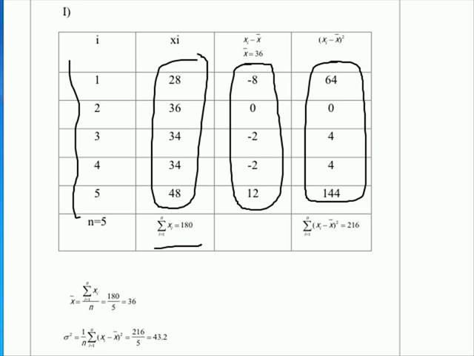So the total of all the scores is 180, and hence the mean is 180 divided by the total number of students, so 36. And the variance, which is the square of standard deviation, is given by the sum of the squares of the differences divided by the total number, so you get 43.2.